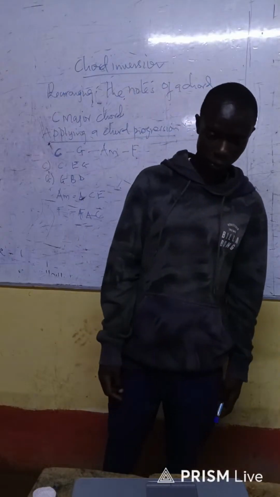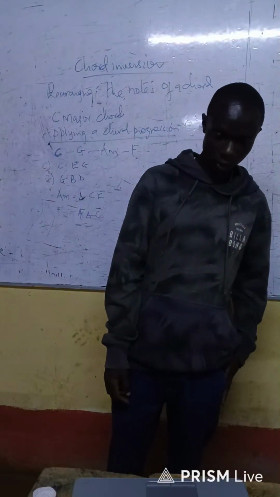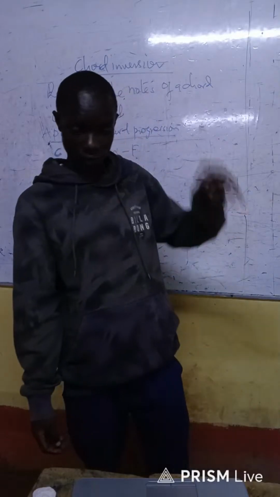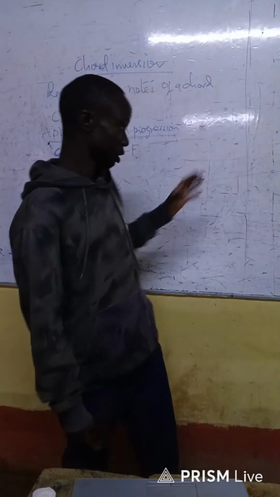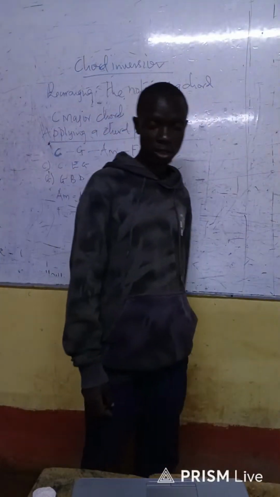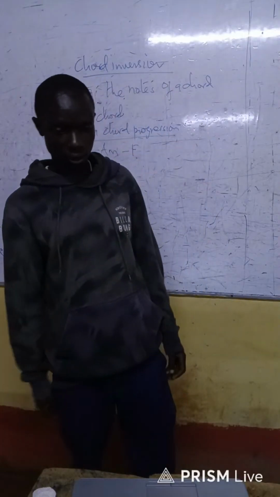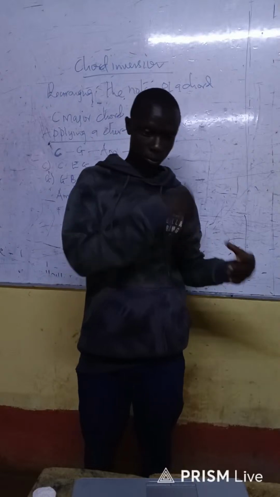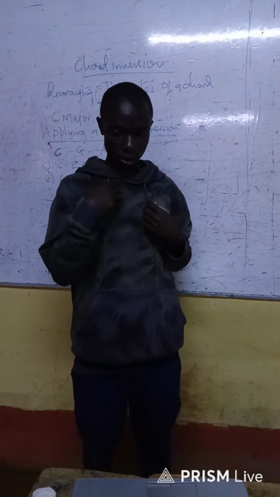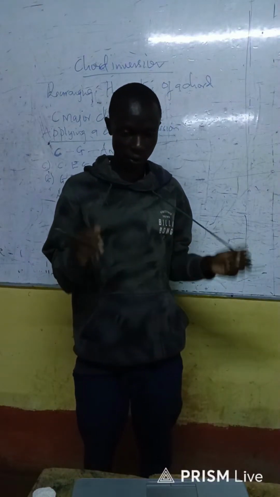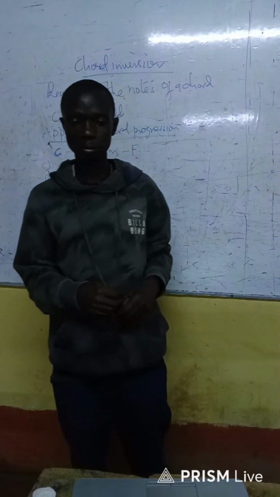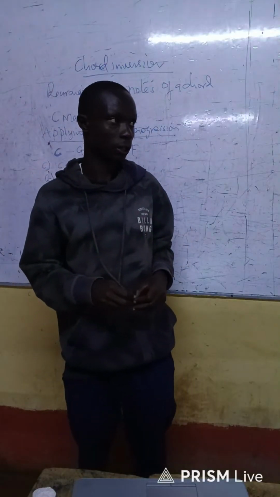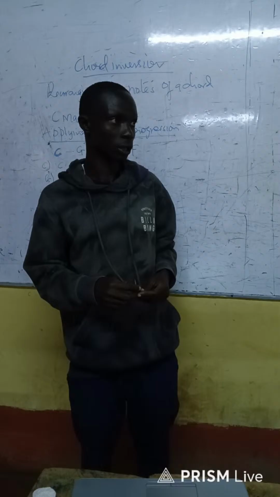I have been showing you the inversions of C major. Now this can apply to other keys, whereby you can use D major, B sharp, or what we call E flat, and what have you, because we have many keys in music.